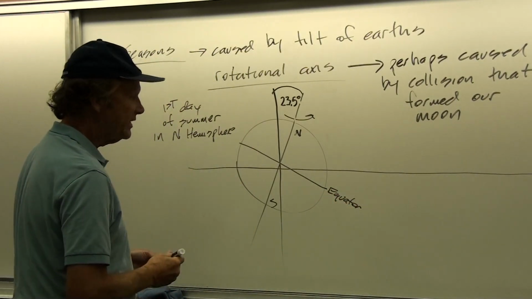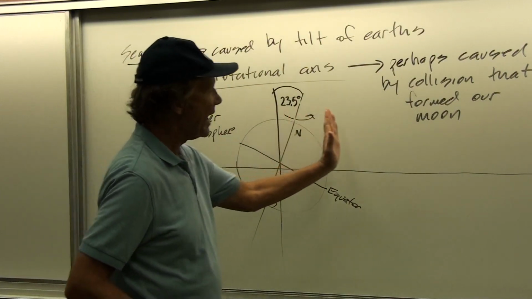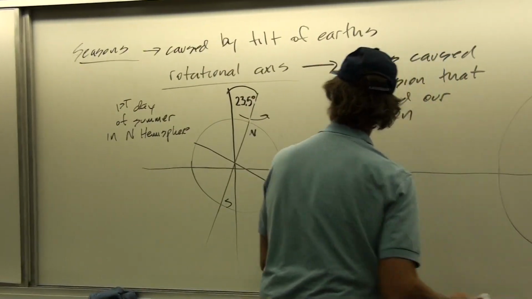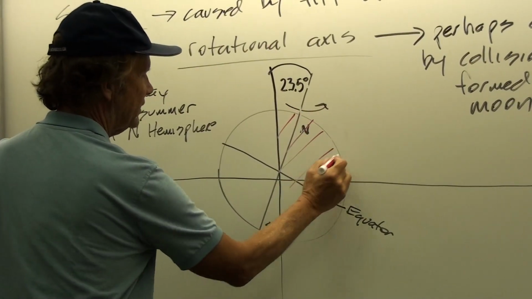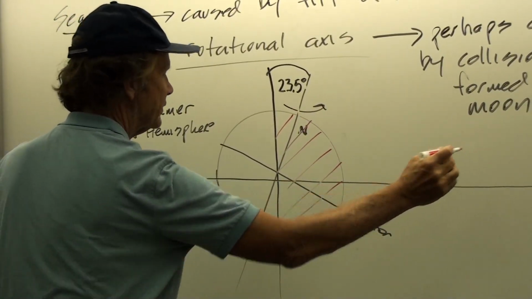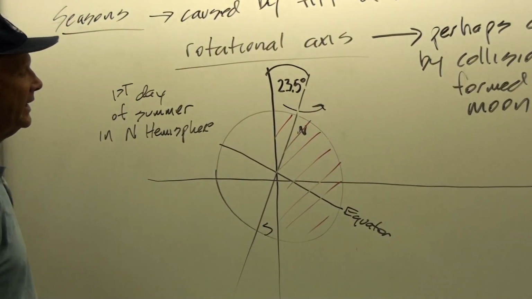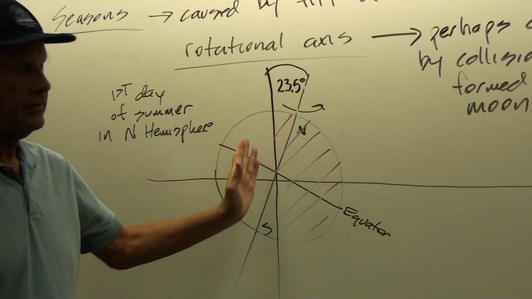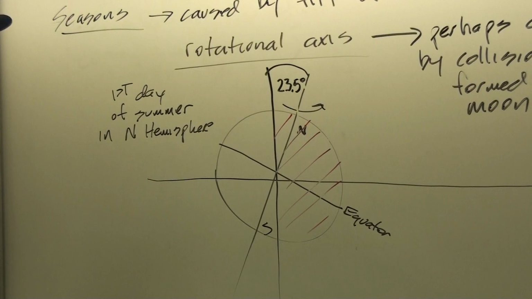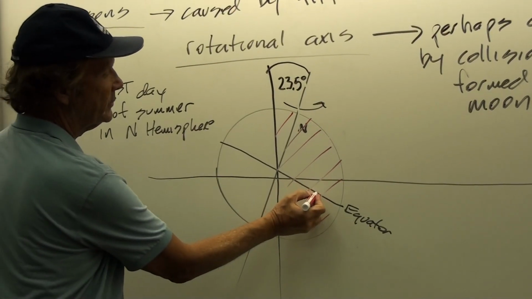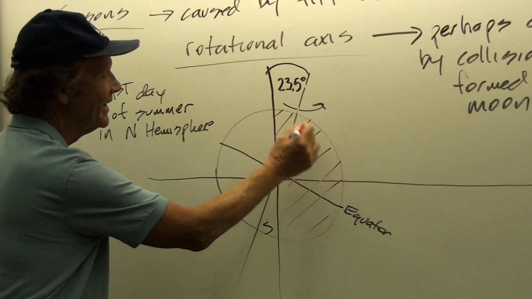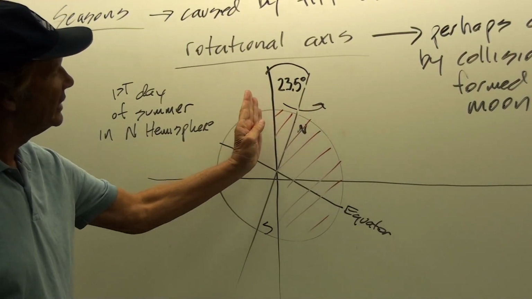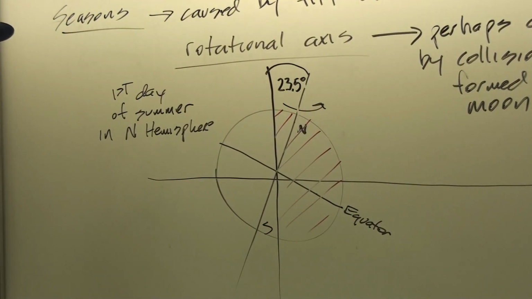Okay, and so we can see then that with the Earth's axis leaning toward the sun, the part of the Earth that's getting light is this half. There's the sun, so it's going to illuminate the side of the Earth that's pointed toward the sun. And so this means we're going all the way from the equator to the North Pole and then some. The northern hemisphere is getting more than its fair share of the light.